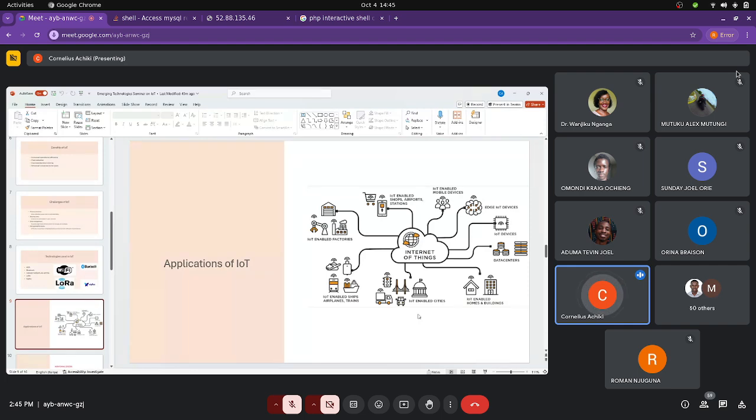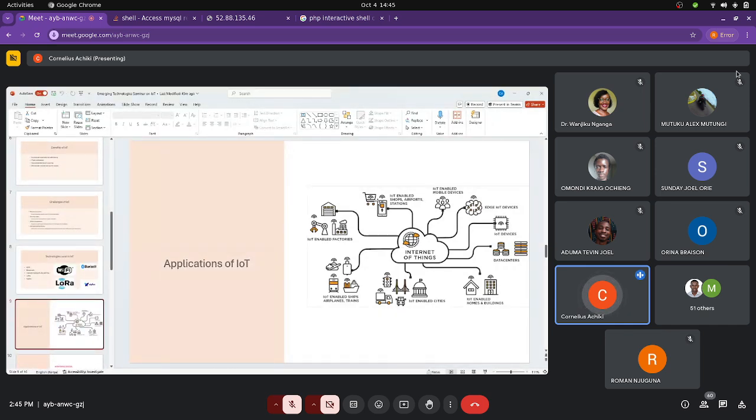So this depiction is how things are connected in some of the applications that we can run through. So you have the Internet of Things cloud, and you have IoT-enabled factories, you have shops.